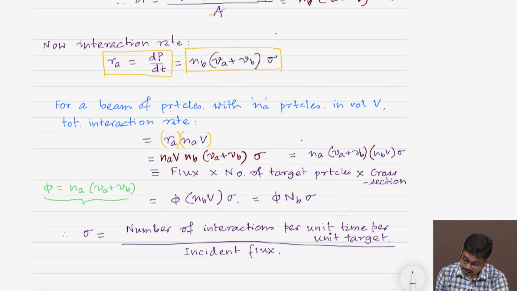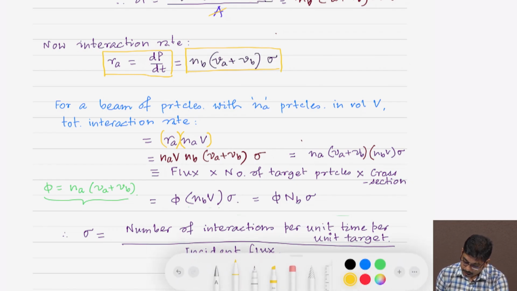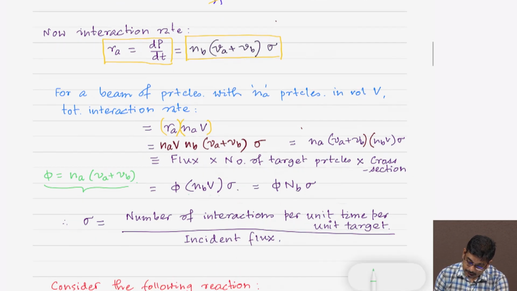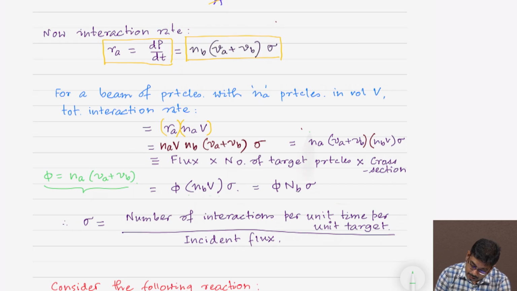Now, I can rearrange this quantity a little for my benefit, and I can say this is N_A into (V_A plus V_B) into N_B into V, into sigma. Now, each of these three quantities defines three important quantities that constitute the total interaction rate.